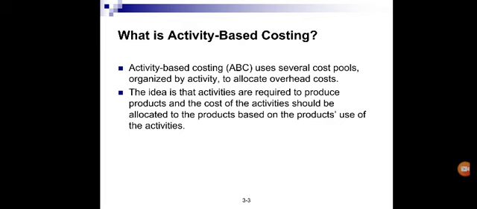But when you use ABC system to calculate the overhead cost, you use several allocation bases, and these allocation bases are related to how many activities a business has to do to produce one product.